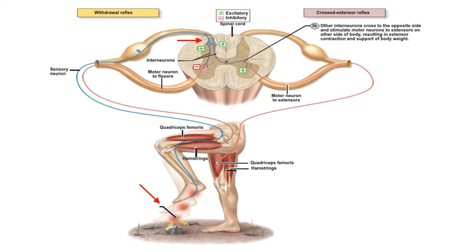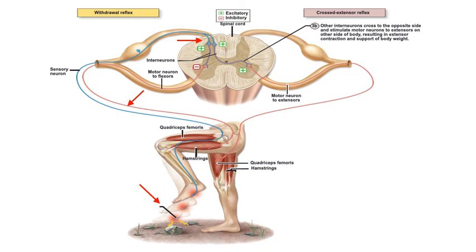The interneurons are going to stimulate and inhibit different motor neurons, which ultimately results in withdrawal of the limb. So here an interneuron is going to send out both stimulatory and inhibitory responses to the muscle, because we need one muscle to contract and one muscle to relax. It's not showing both in this case. Ultimately, that foot is going to lift up.